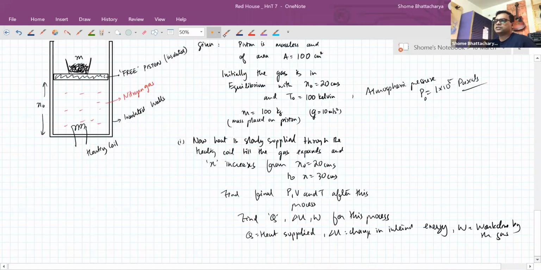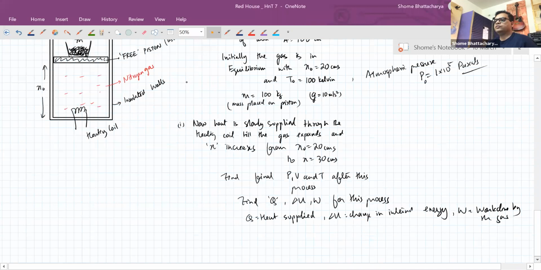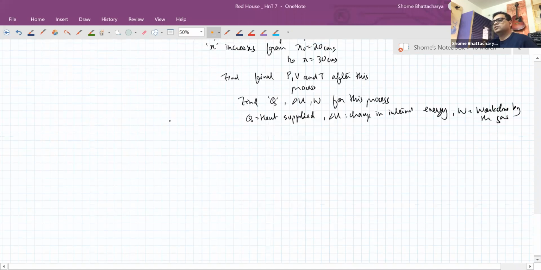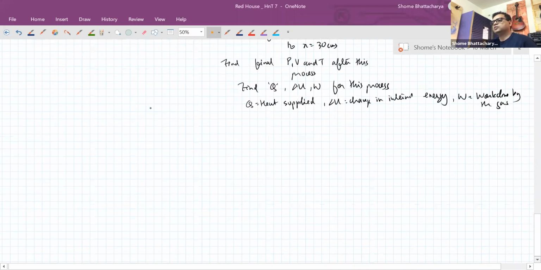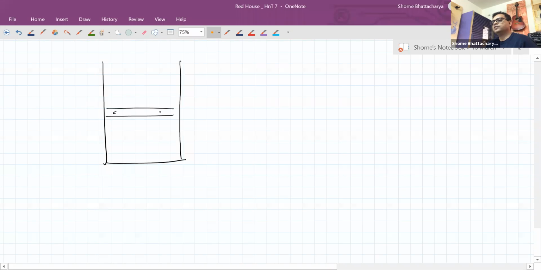So because it is a free piston, at any point of time, the piston started from here. Let's say at this point of time, the pressure of the gas inside was P naught, the volume was V1 and temperature was T1. Now, this is a fixed mass, so the piston must be in equilibrium.